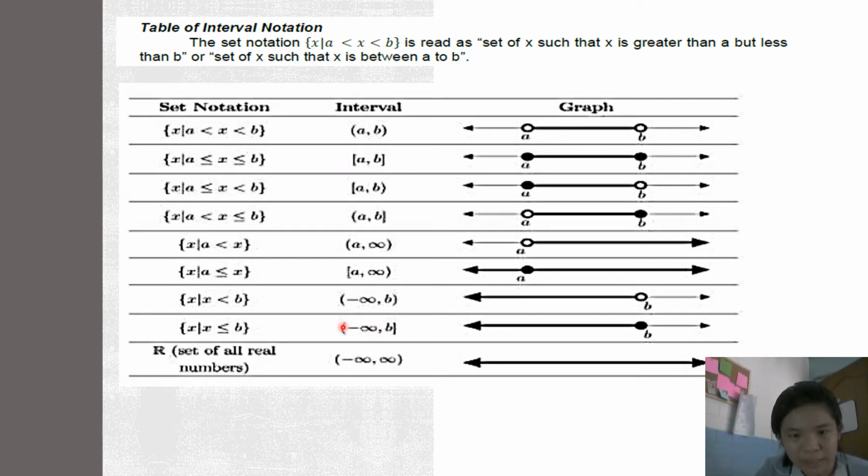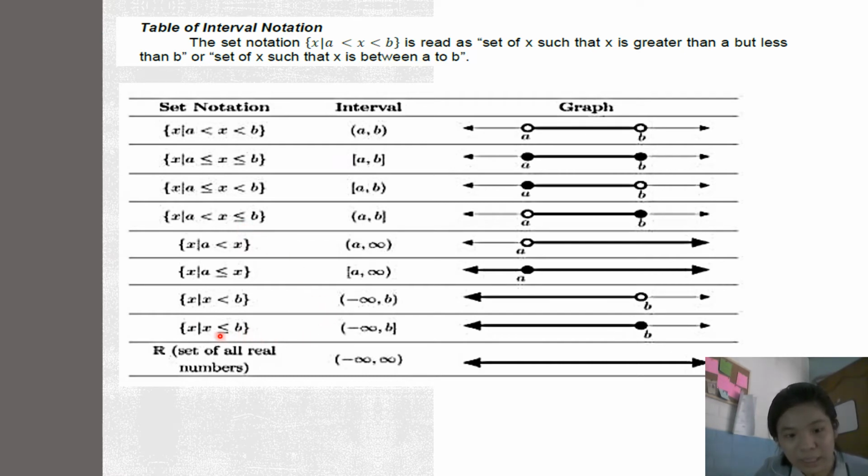Nakuha po. Nagko-close bracket lang tayo kapag may equal sign sa number, or open or close bracket kapag may equal sign, sign of equality sa inequality. Nakuha. May equal sign sa less than or equal to or greater than or equal to.